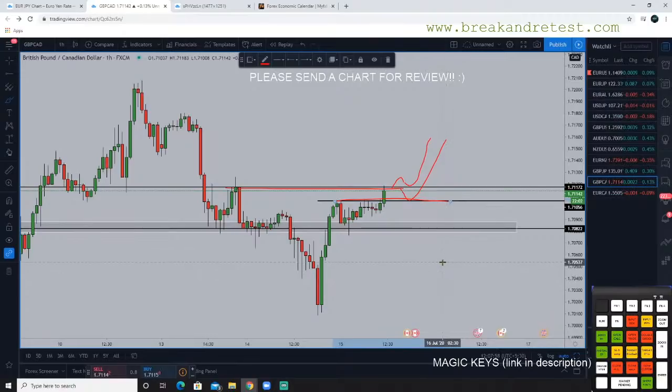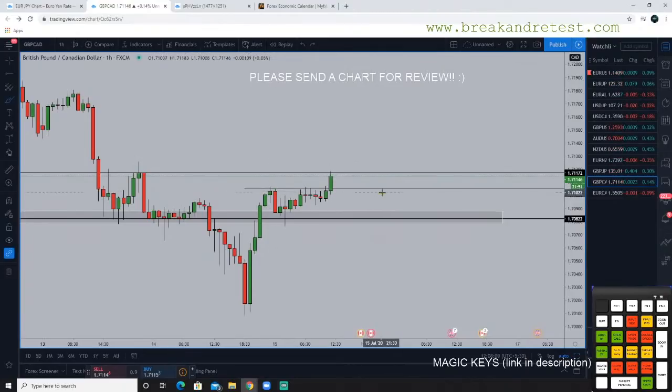Is that a possibility? Yes, it is. So in this case, what you can do is, if we do have a good break above, then price comes for a retest. You have how many pips? You have a 10 pips range in between these two zones.